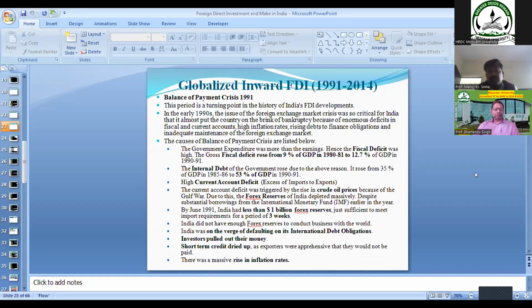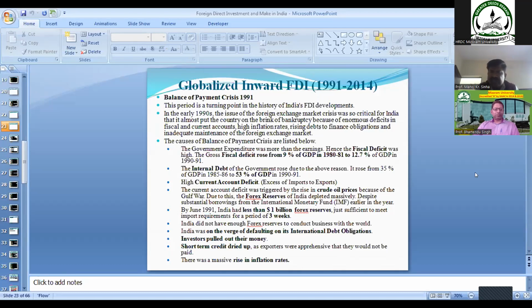Internal debt also increased from 35% in 85-86 to 53% in 1991. Current account deficit, that is the excess of import of goods and services over the export of goods and services, was very high during this period.